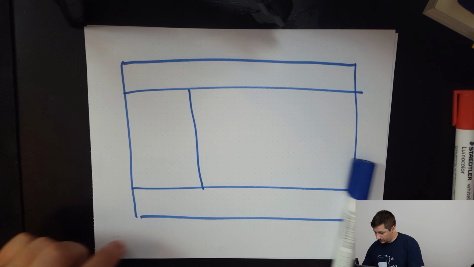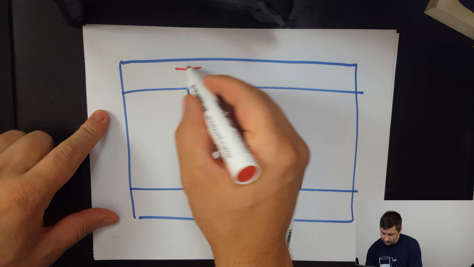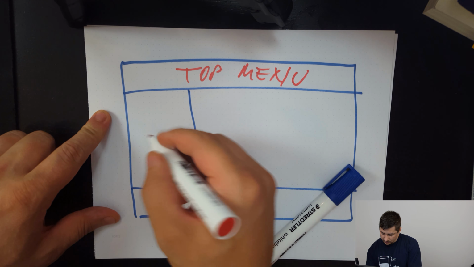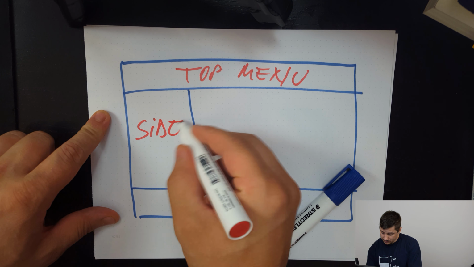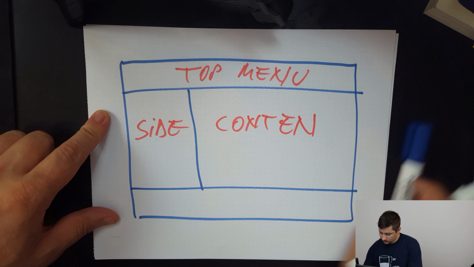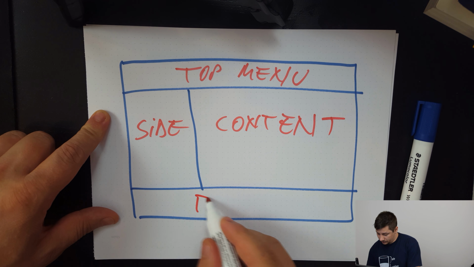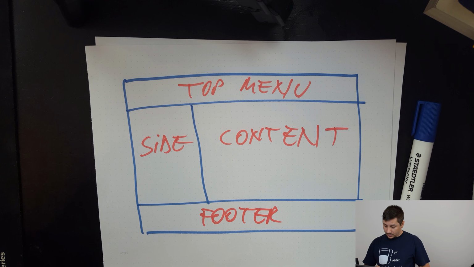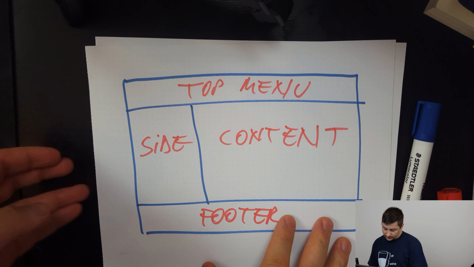Okay, so we have our top menu here, our side, and content, and our footer too. Okay, so this is how our layout looks like, and in order to use display grid, let's redraw this using dotted lines.